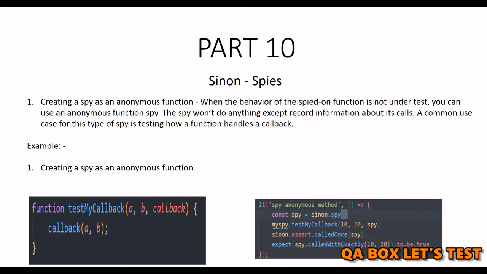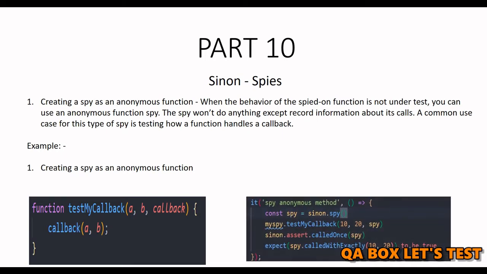You first create a spy using sinon.spy, and then you spy on this method. What we are doing in line number 2 here is invoking that method and passing in that spy. Then we are asserting using the Sinon assertion library, sinon.assert.calledOnce. So we are checking that when we invoke this function, the callback is called once.